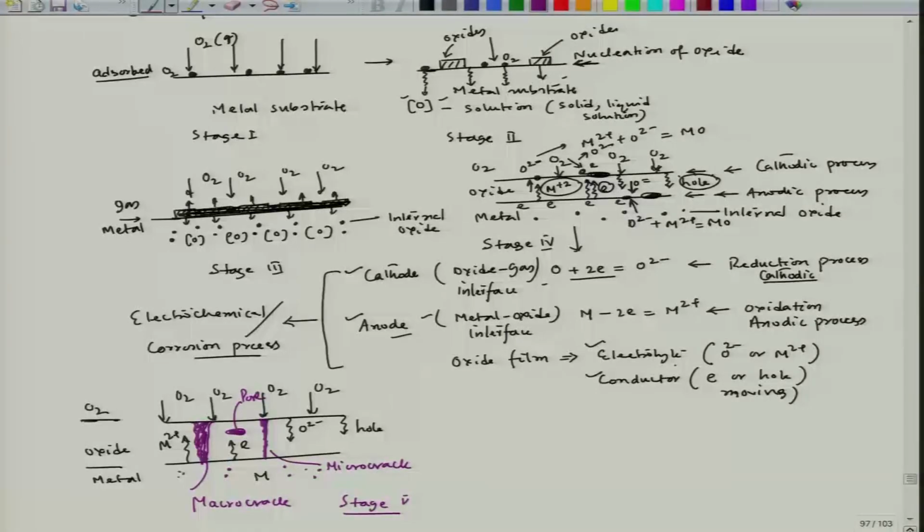So here also, if we can improve resistance in that oxide film to the flow of ions or charges, then of course we can control the oxidation. That leaves us a great possibility that if we can look at the oxide and try to do something with that oxide, then we can prevent further oxidation.